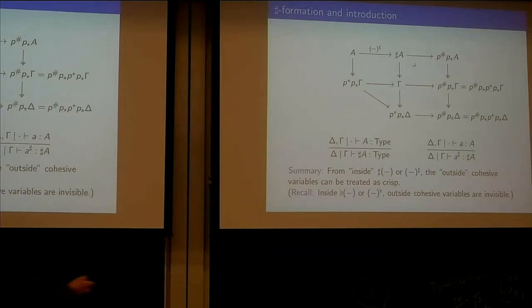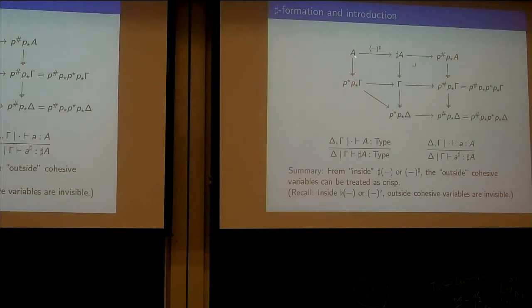The way that works semantically is that this hypothesis of introducing a sharp says if I have A that depends on both delta and gamma crisply, that means I have a fibration over P star of gamma, which lives over P star of delta. Remember, gamma is a cohesive thing. It's a fibration in our sheaf topos model over some discrete object. I can apply P star to it and get something over that, and then A is only required to live over here.